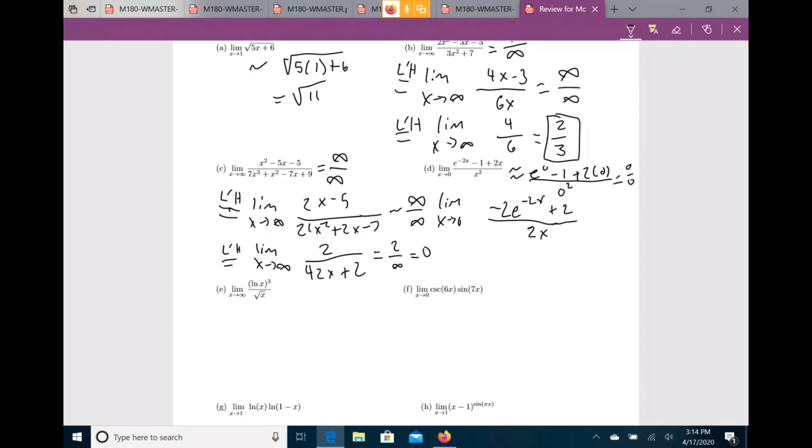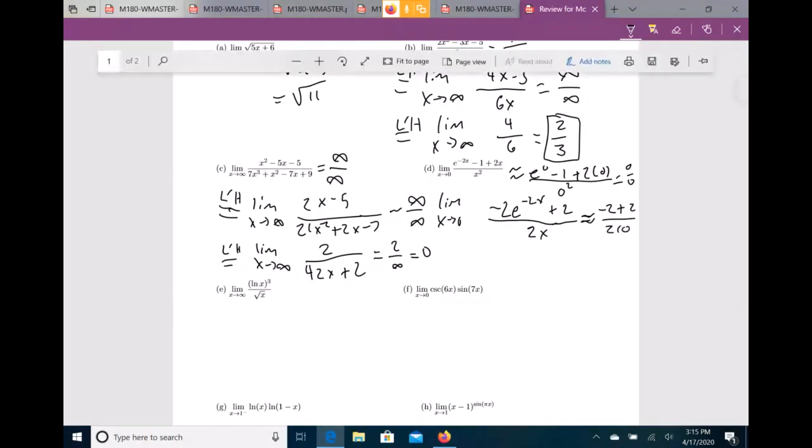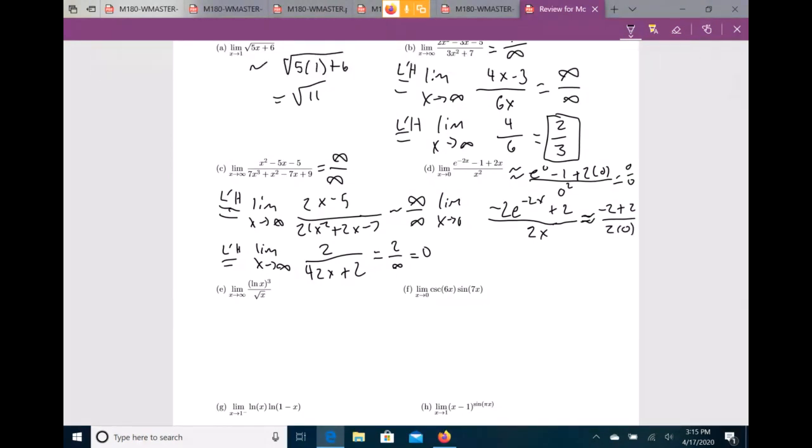All right, so now what happens when we plug in 0? Good, we still get 0 over 0, because the numerator becomes negative 2 plus 2, and the denominator is 2 times 0. So we do L'Hopital's rule one more time.